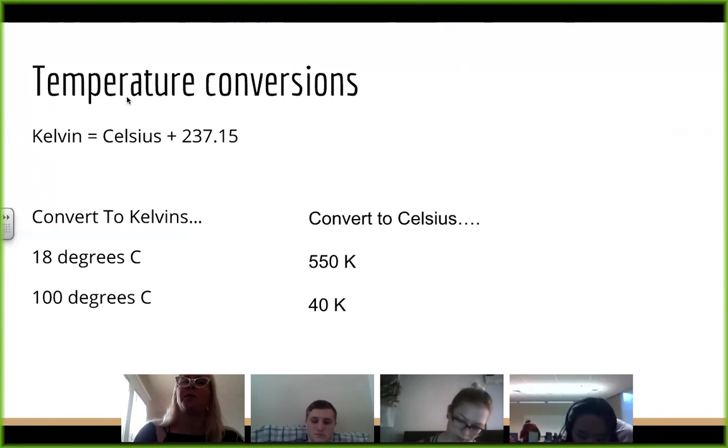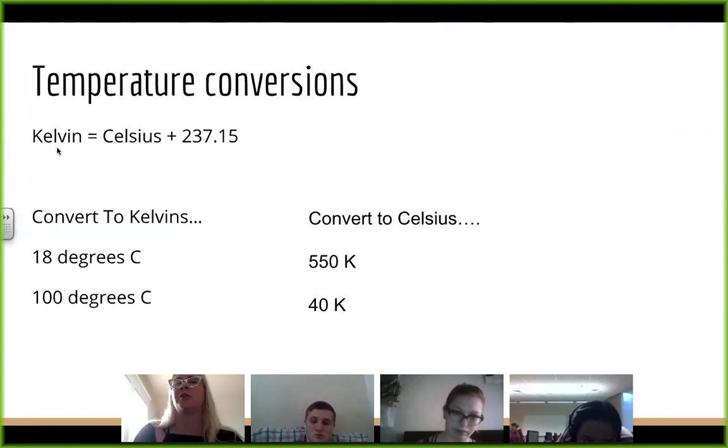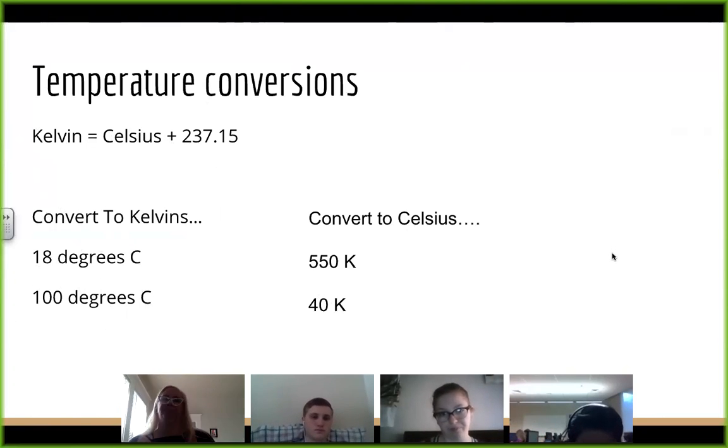So the formula to convert this really is that kelvins are going to be equal to the temperature in Celsius plus 273.15. So we're going to practice right now. First, we're going to convert Celsius into Kelvin, and then we'll convert kelvins into Celsius. So take a second here to convert both of these degrees Celsius temperatures into kelvins.